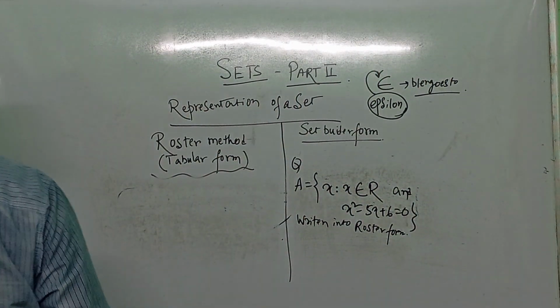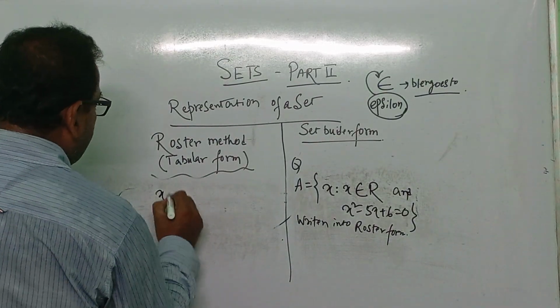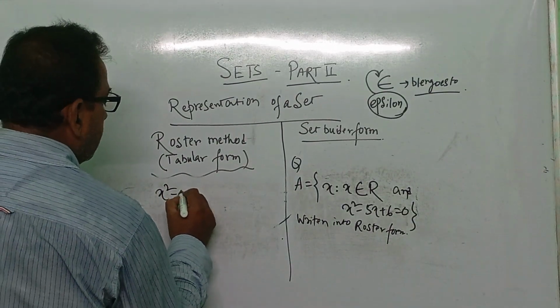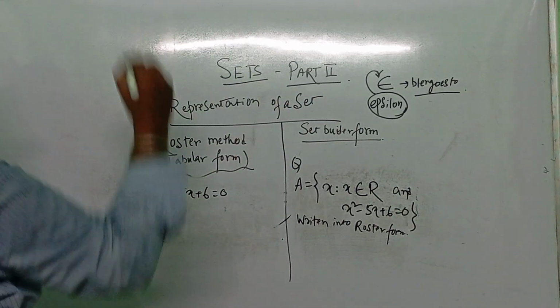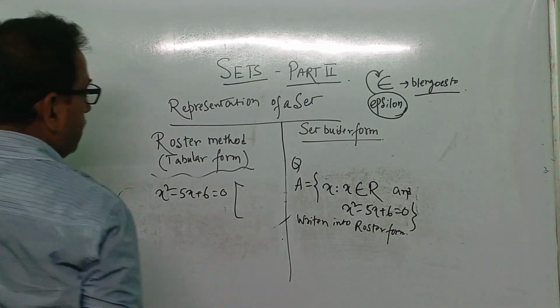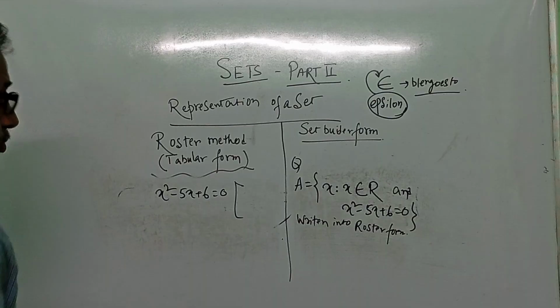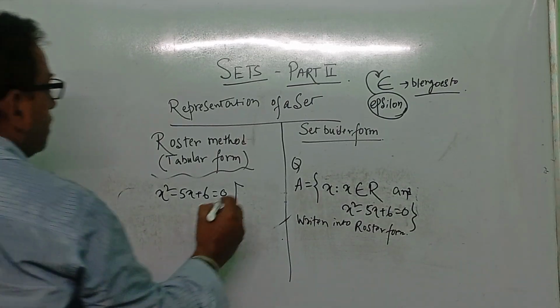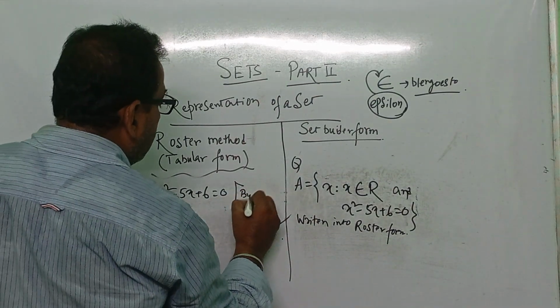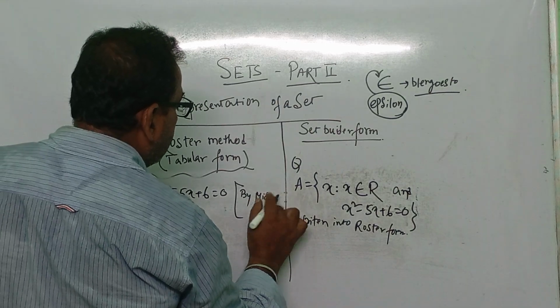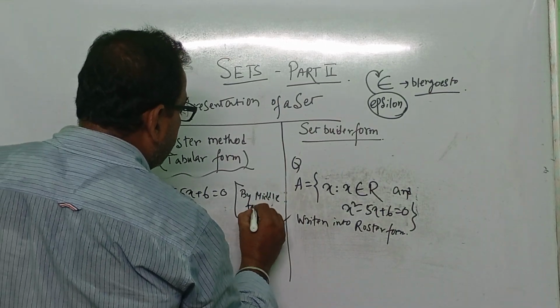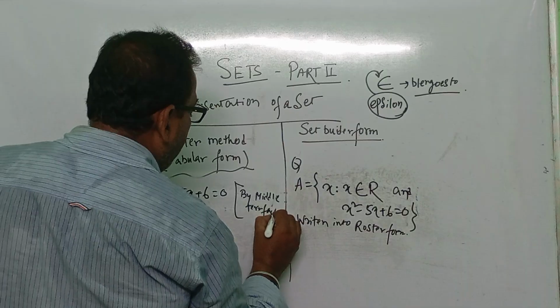Now we have to solve this quadratic polynomial. What process will we use? We will use the middle term factor.